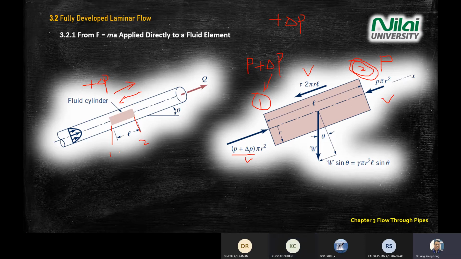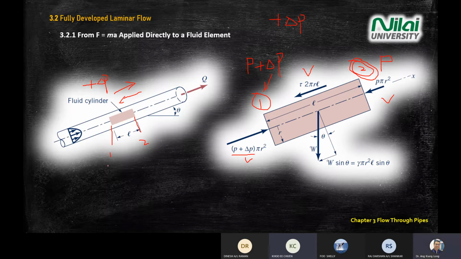Go down. Why? Because from 2 to 1, which one is higher? You tell me, which pressure is higher? Your delta P is a positive value. So point 1, point 2, which pressure is higher?